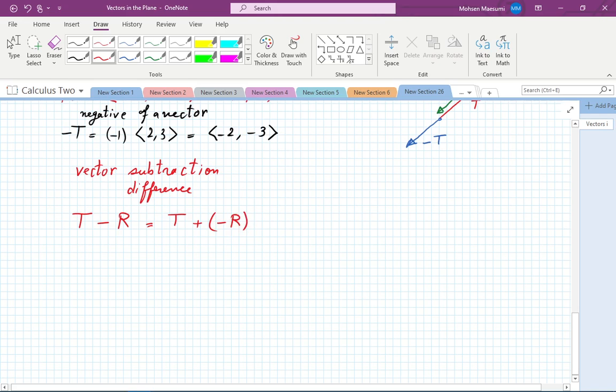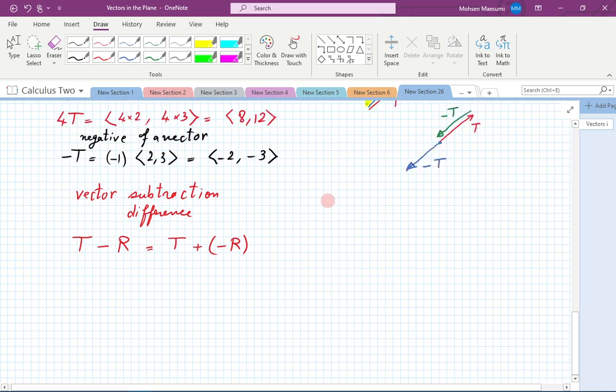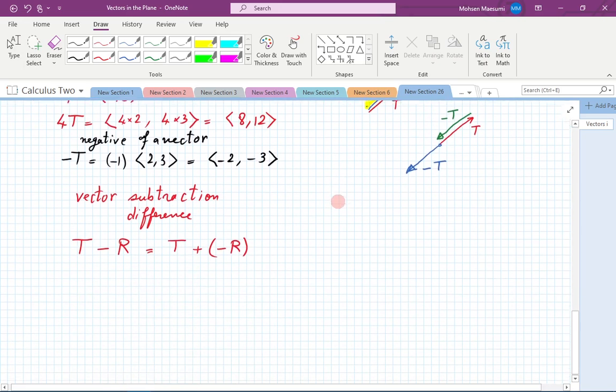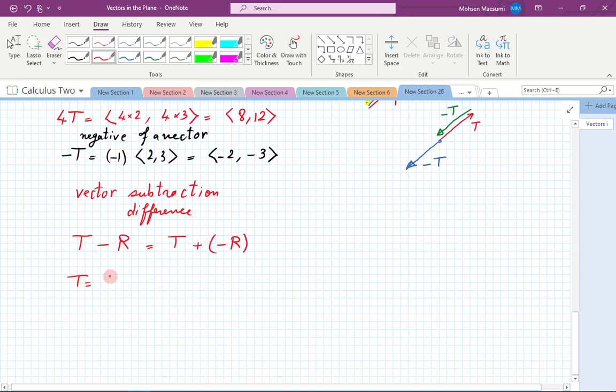Okay, that's one way to think about it. Another way is simply, let's go write this 2, 3, 5, 6. So t was 2, 3, and r was 5 and 6. So t minus r, this is also a component-wise operation. 2 minus 5 and 3 minus 6, and that is minus 3, minus 3.